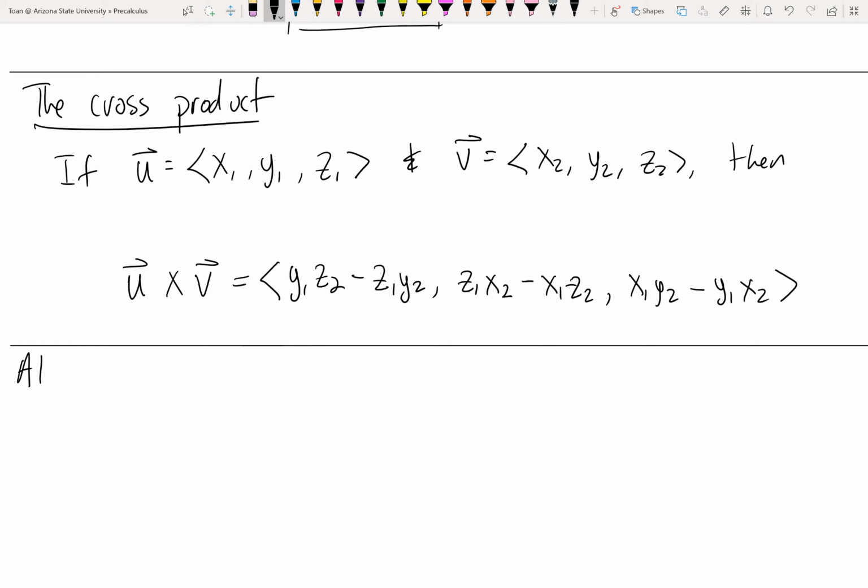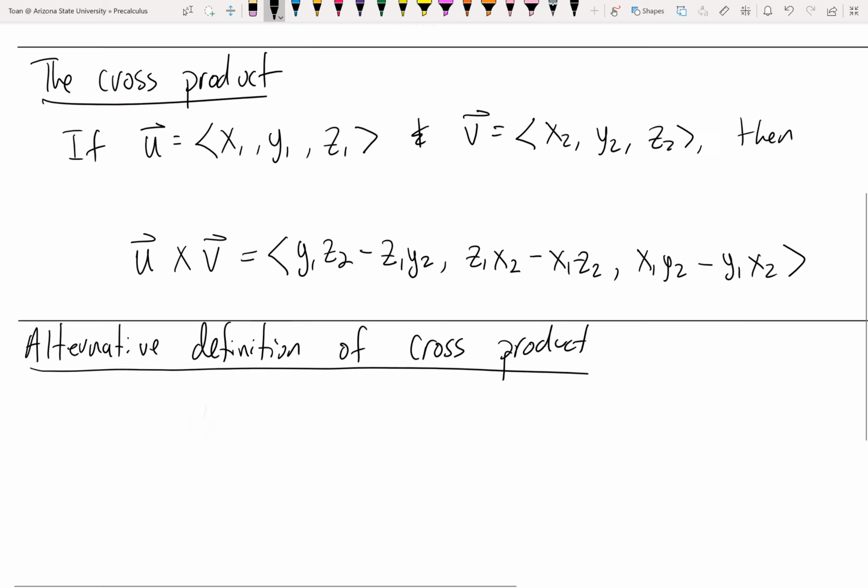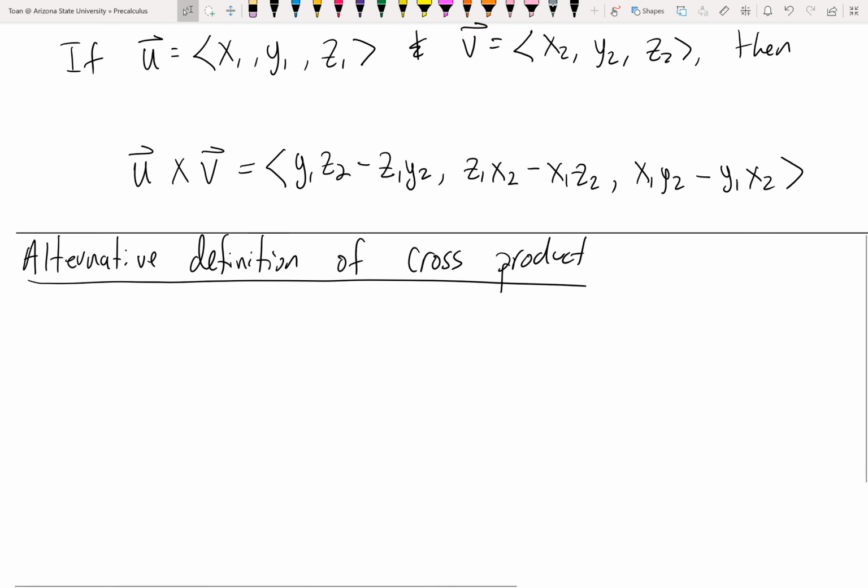So an alternative definition of the cross product. And I don't know, maybe it's because I grew up during a time where matrices were studied heavily, so I was knowledgeable with matrices. I know if you were in my Algebra 2 class, we definitely did spend a considerable time on matrices, so you should have done determinants before, and so on and so forth.